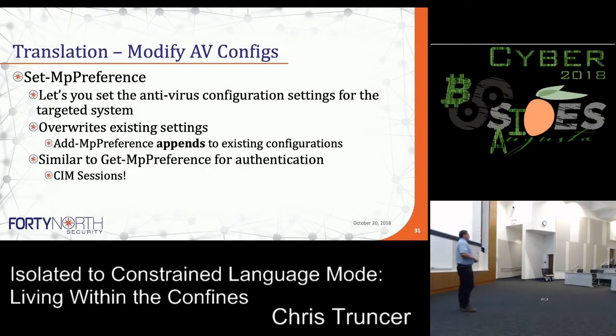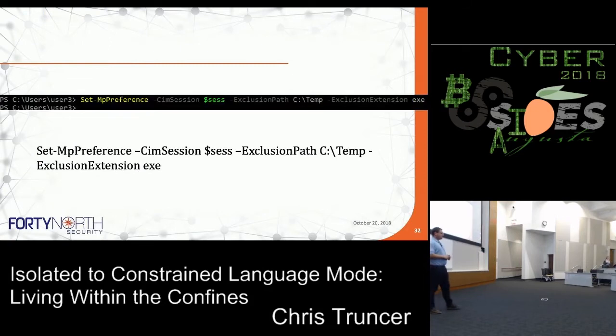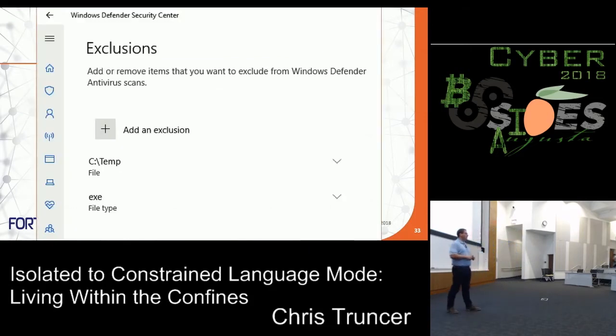Similar to Get-MpPreference, you can authenticate to a remote system using CIM sessions. We're about to do a video, but basically, I thought this was going to be a little hard to see. What I'm running here is Set-MpPreference. I'm using a CIM session that I've already created to authenticate to a remote system. I'm saying, hey, set an exclusion path, which is the C:\temp directory, and set an exclusion extension, which is anything .exe, on the system that I'm targeting.